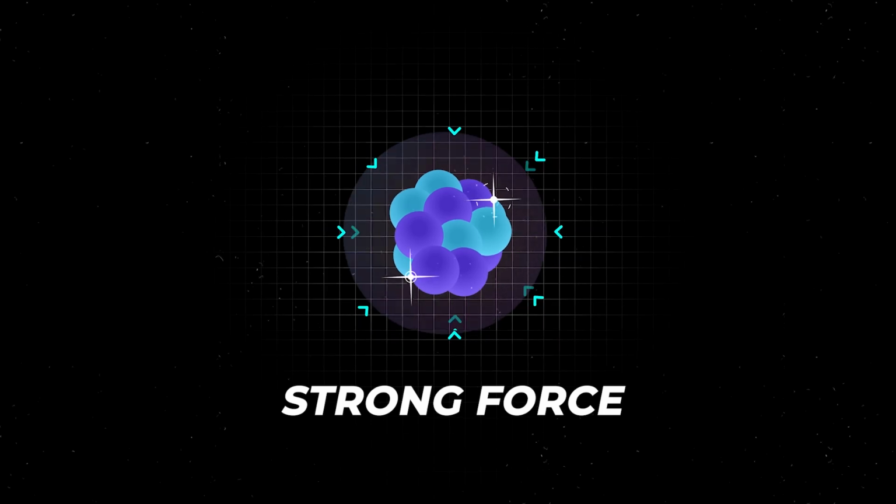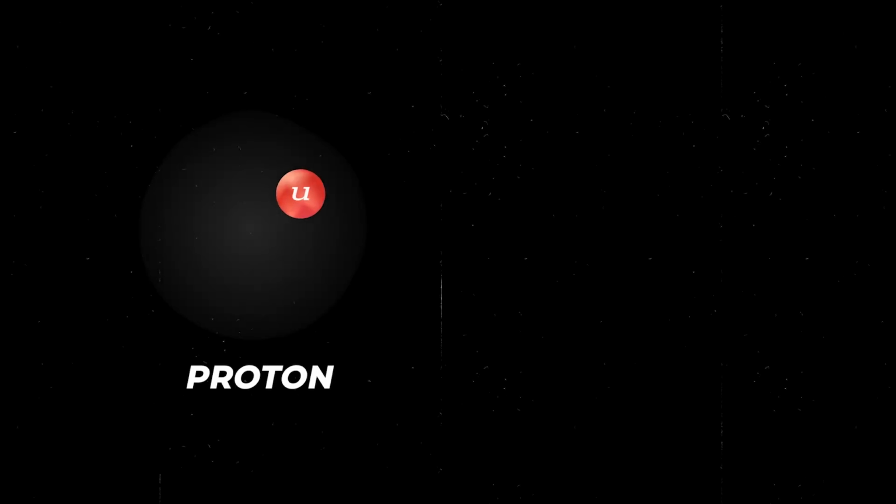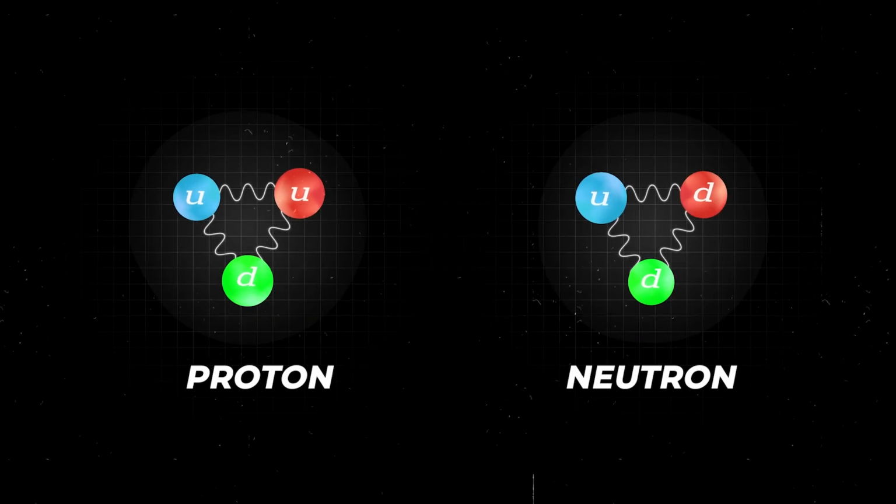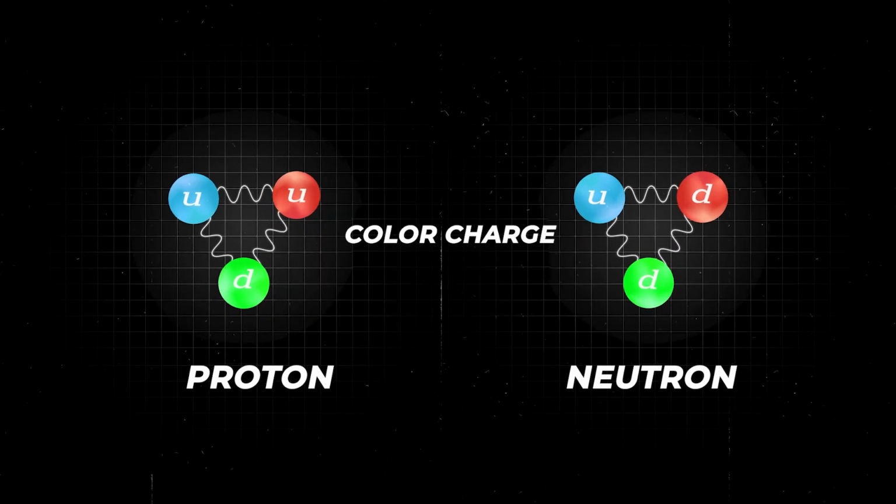The strong interaction is responsible not only for keeping protons and neutrons together, but also for holding the components of these particles together. Each proton and neutron is composed of 3 quarks. In the case of the proton specifically, 2 up quarks and 1 down quark. And in the case of the neutron, namely 2 down quarks and 1 up quark. Additionally, each quark can have a charge called color charge, which is not the same as electric charge.